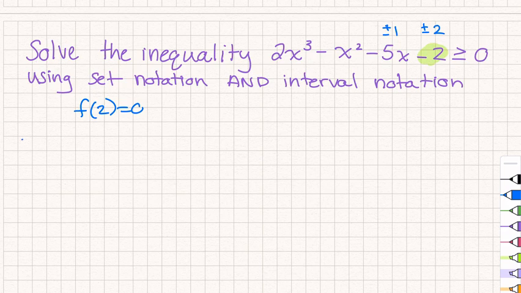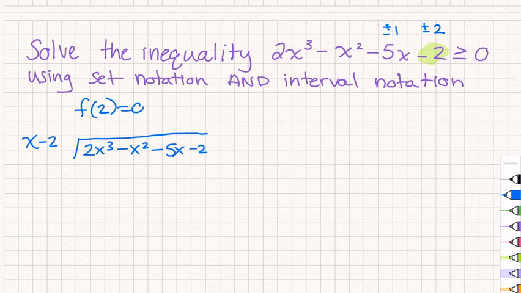So we have x minus 2, and then we have 2x cubed minus x squared minus 5x minus 2. 2x cubed divided by x gives 2x squared.